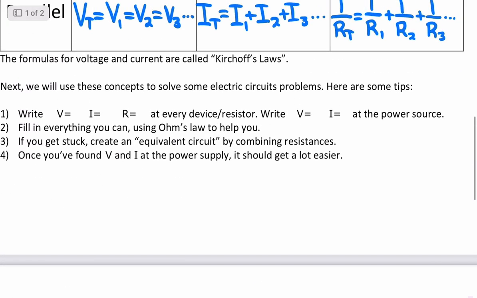Then the next step I recommend is fill in everything you can. So of those values we wrote, put in numbers for as many of them as I can, and use Ohm's law to help you if necessary.